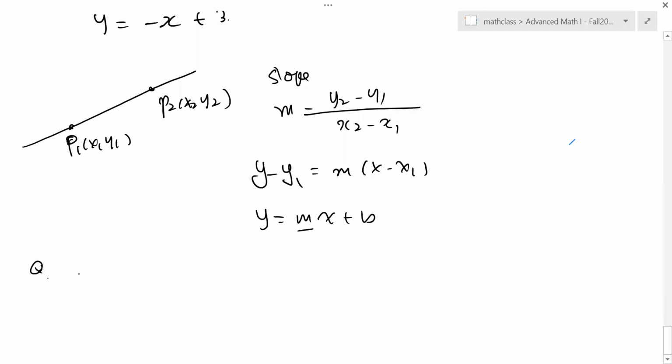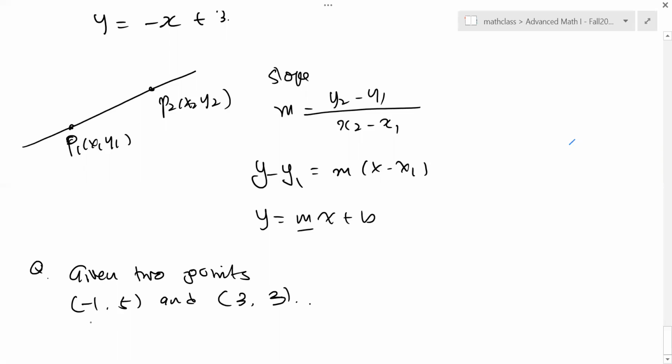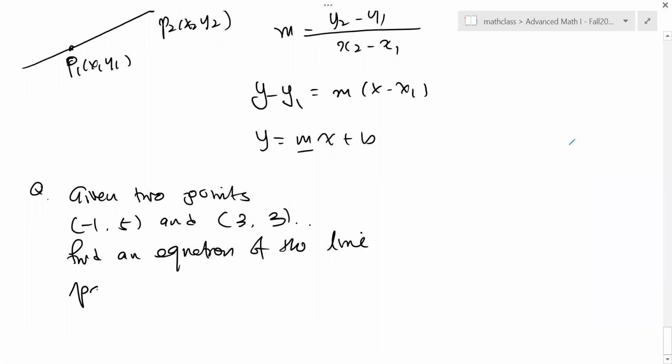So I'm going to ask you to do the following problem. Given 2 points with coordinates -1 and 5, and 3 and 3, let's use 3 and 3. Find an equation of the line passing through these 2 points.